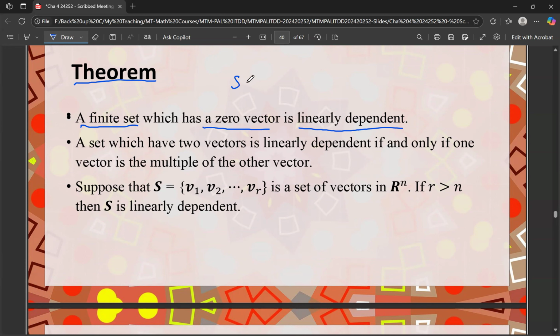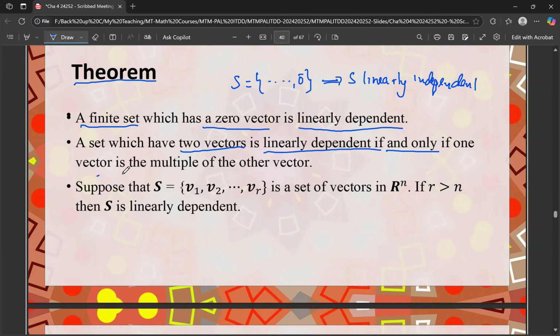So if you have a set of vectors and it contains the zero vector, this set must be linearly dependent. And a set with only two vectors is linearly independent if and only if neither vector is a scalar multiple of the other.